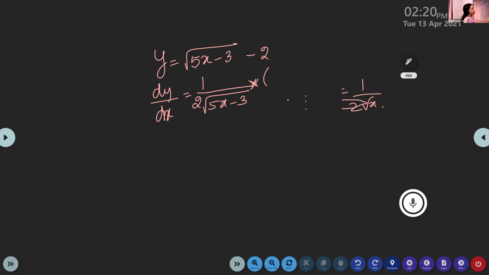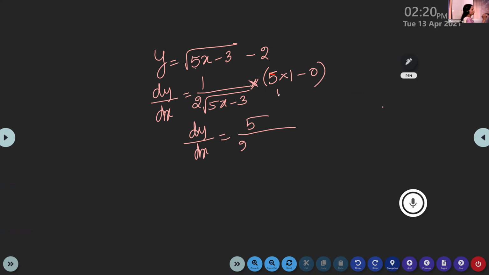If you differentiate 5x minus 3, you will get 5 into 1 minus 0. So dy by dx will be 5 by 2 into root of 5x minus 3. Is it okay?